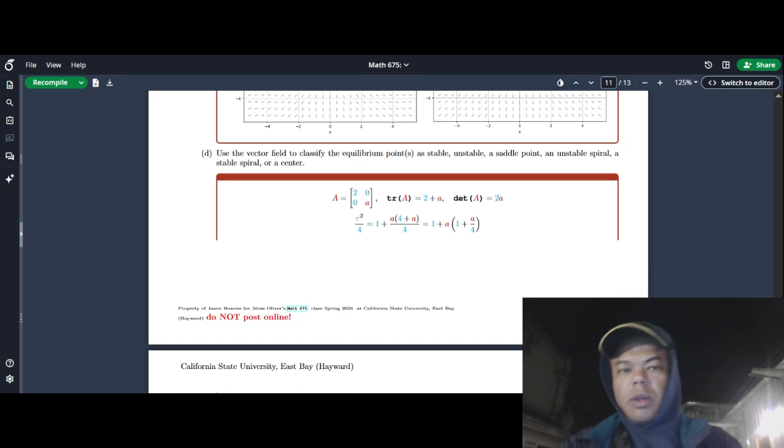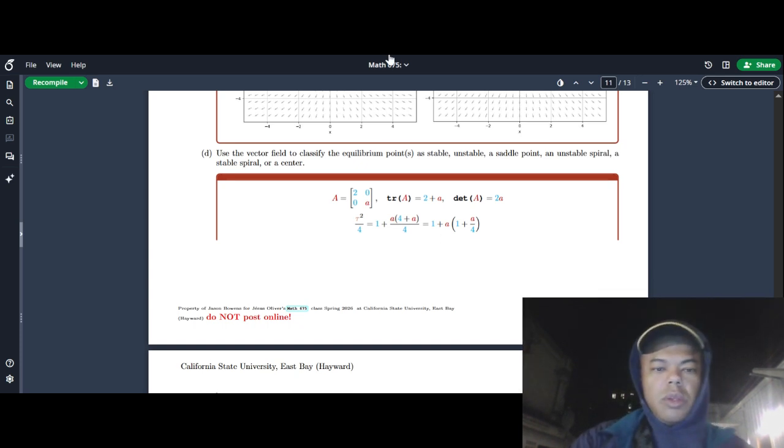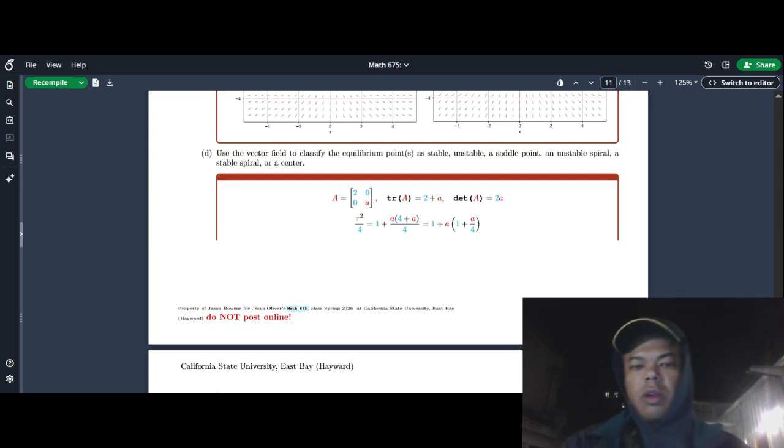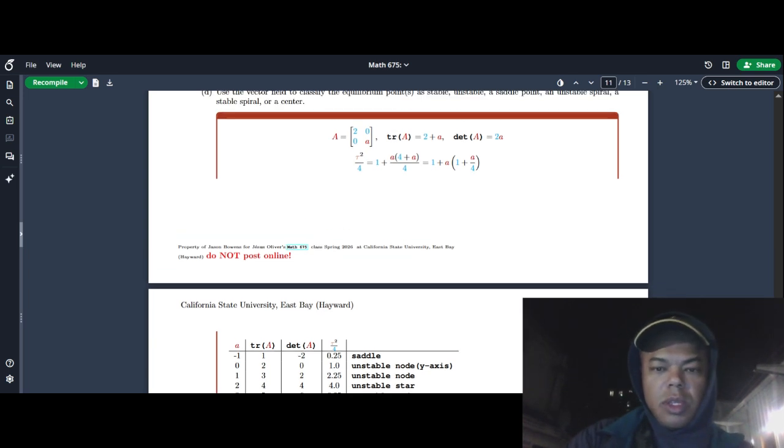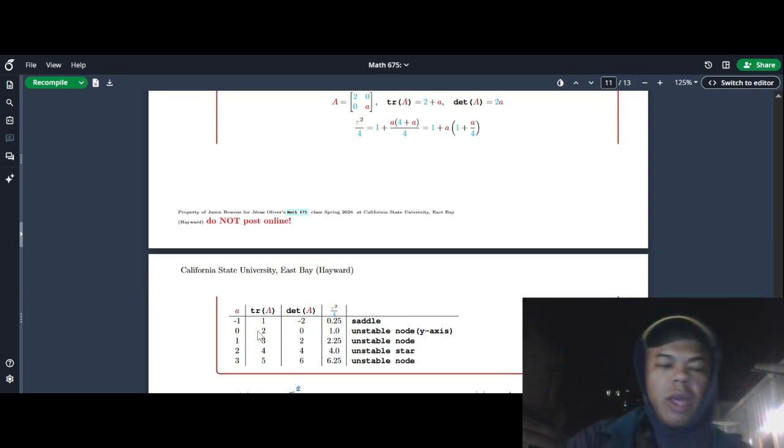You go into Python. Well, I may not have done it today, but you plug in these values for a, you run it through these formulas, and it gives you the trace, the determinant, and the value of the parabola at that point.